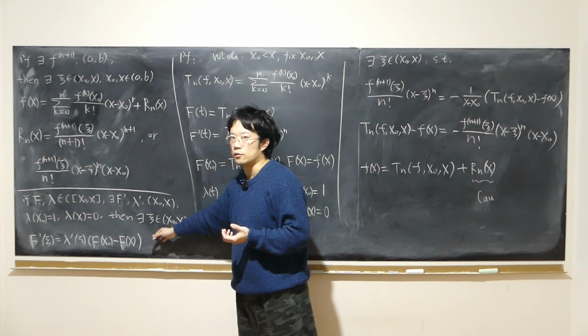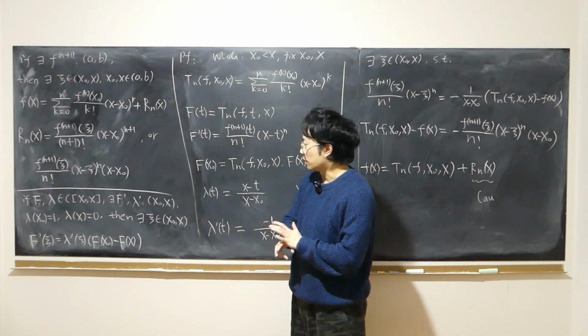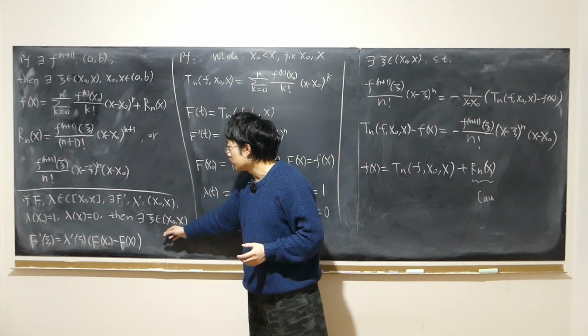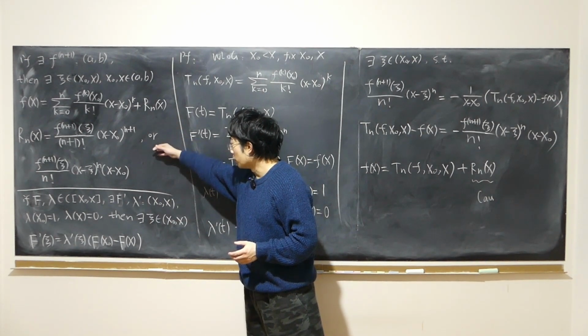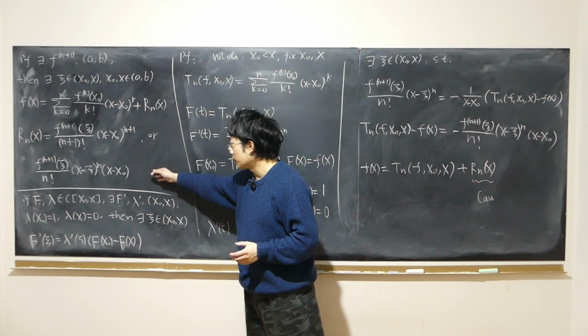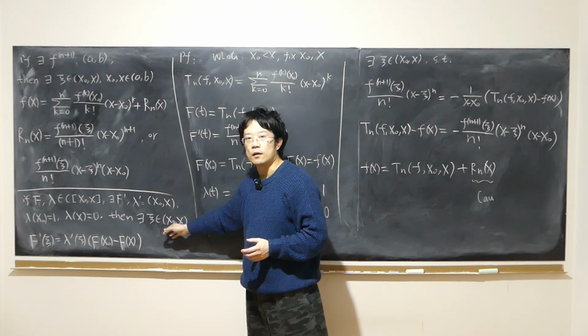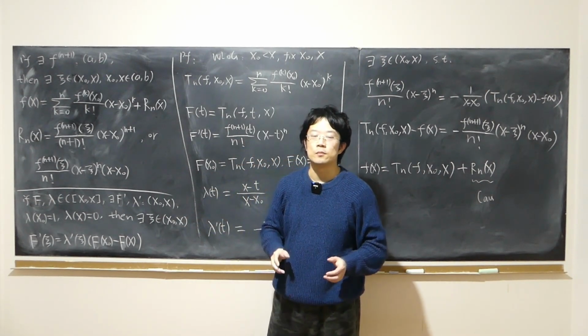It may not be that natural, but I think what it does is unify both the Cauchy remainder and the Lagrange remainder, and also unify the Lagrange mean value theorem and Cauchy mean value theorem.